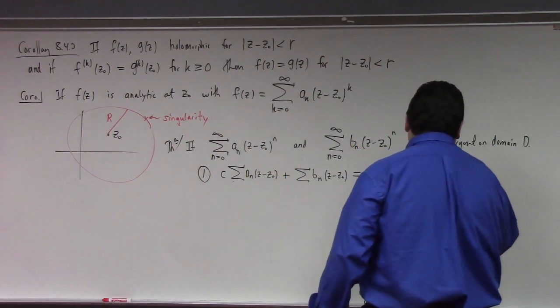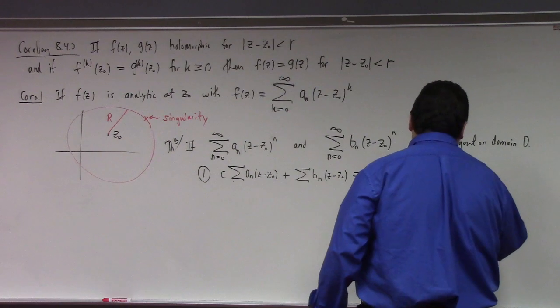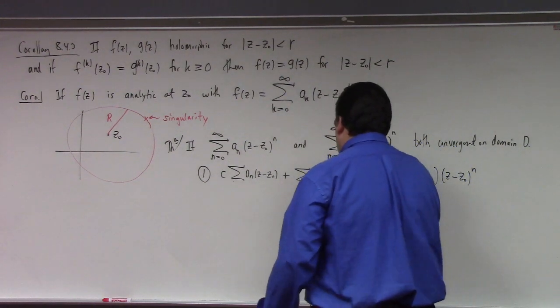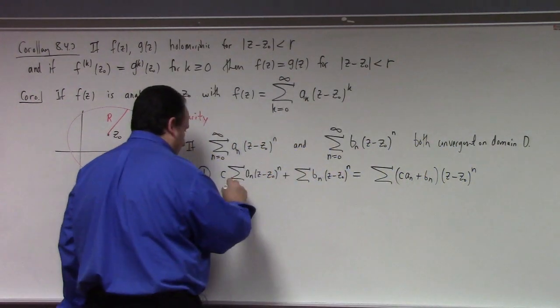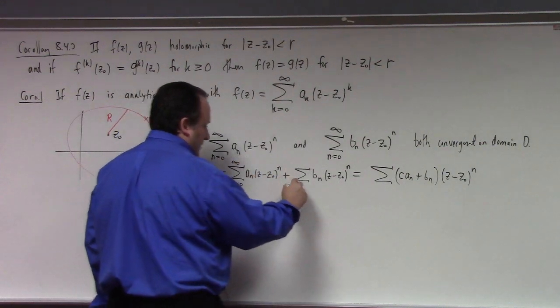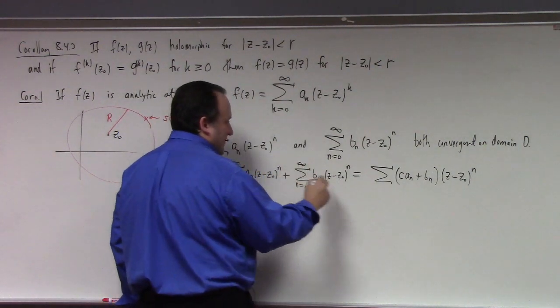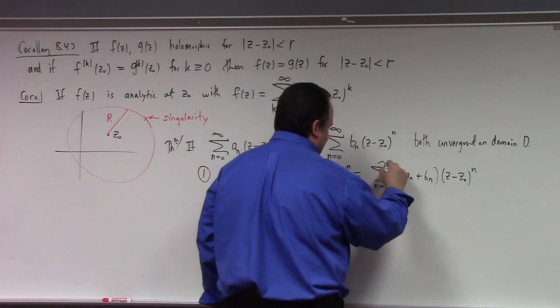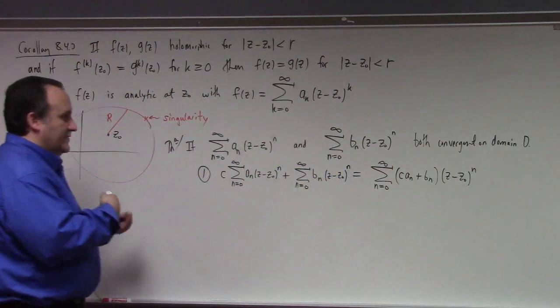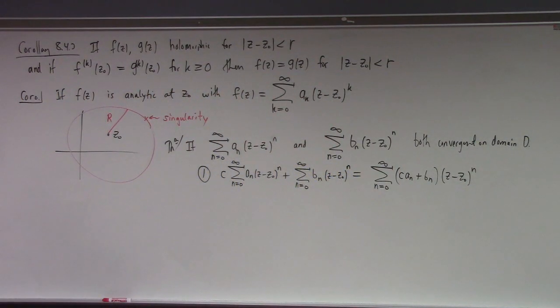We just add corresponding components, right? I should just write sum. So the sum of two convergent series is again a convergent series, and if you multiply by a number, you can just bring it in, right? And what else?